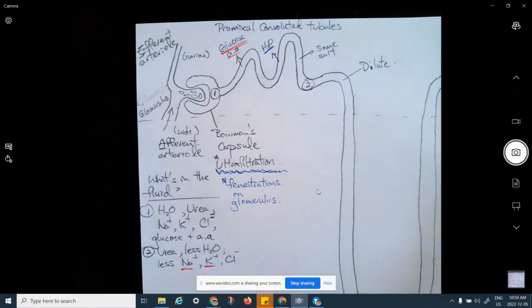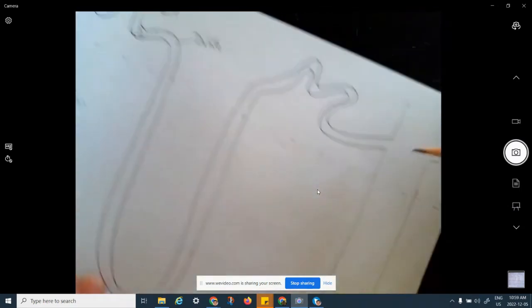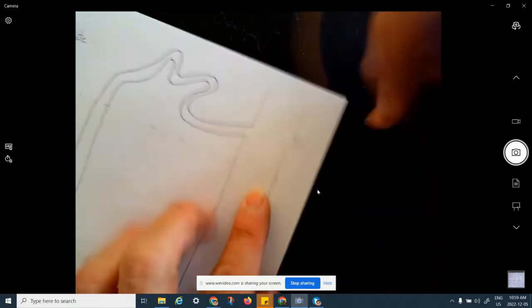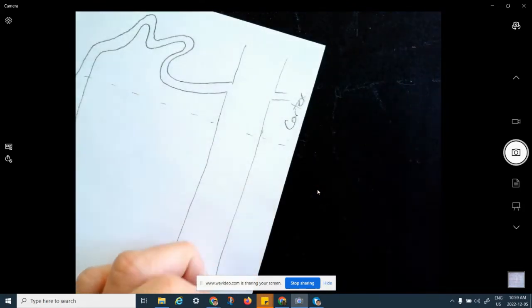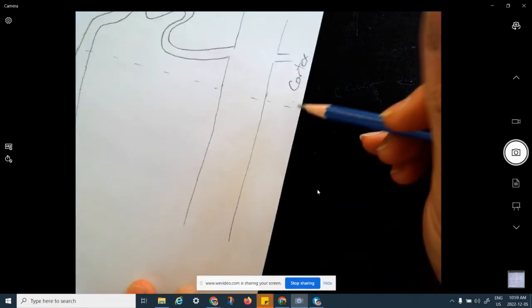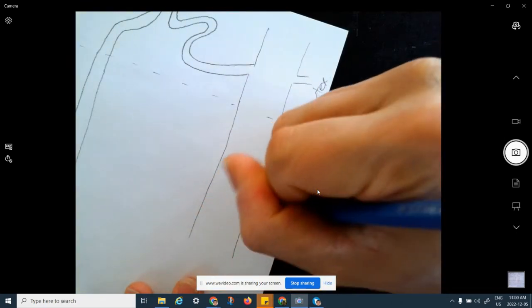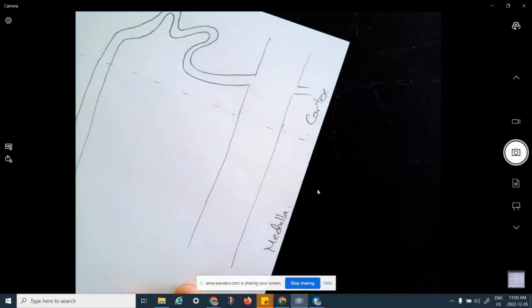This line here separates the cortex of your kidney. Remember, the kidney on the outside part is the cortex, and on the inside part here, that's the medulla. Okay, so you have the cortex above, medulla below.